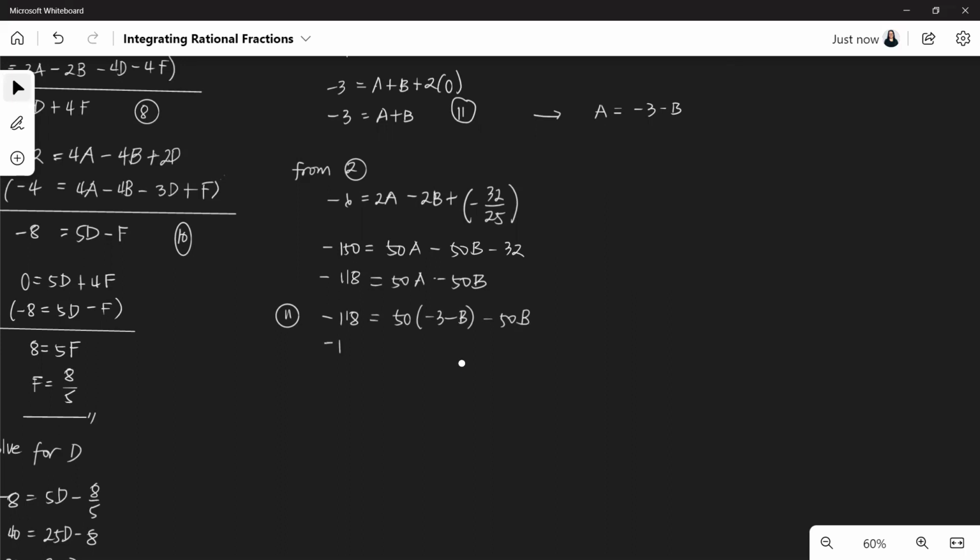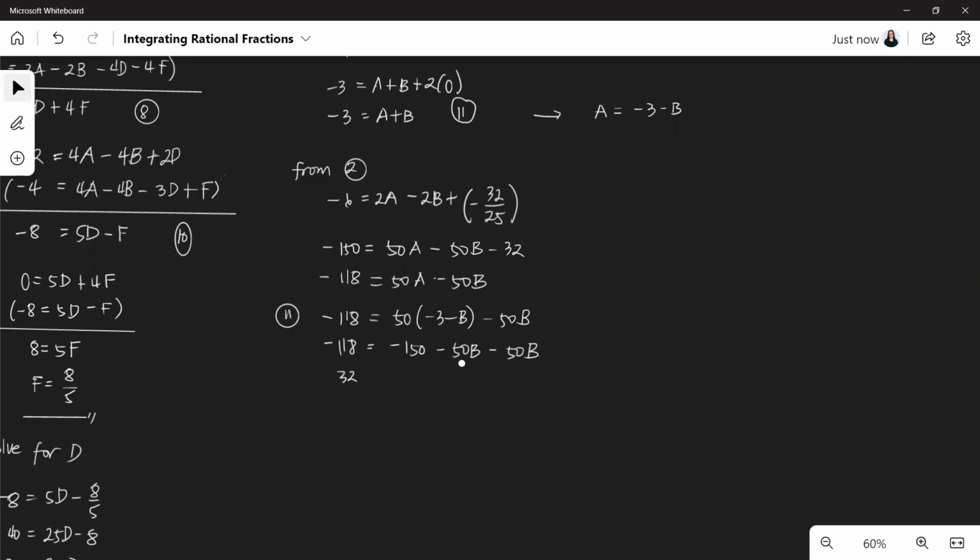So negative 118 is equal to negative 150 minus 50B minus 50B. Negative 118 plus 150, that's 32, if you put it on the left side.